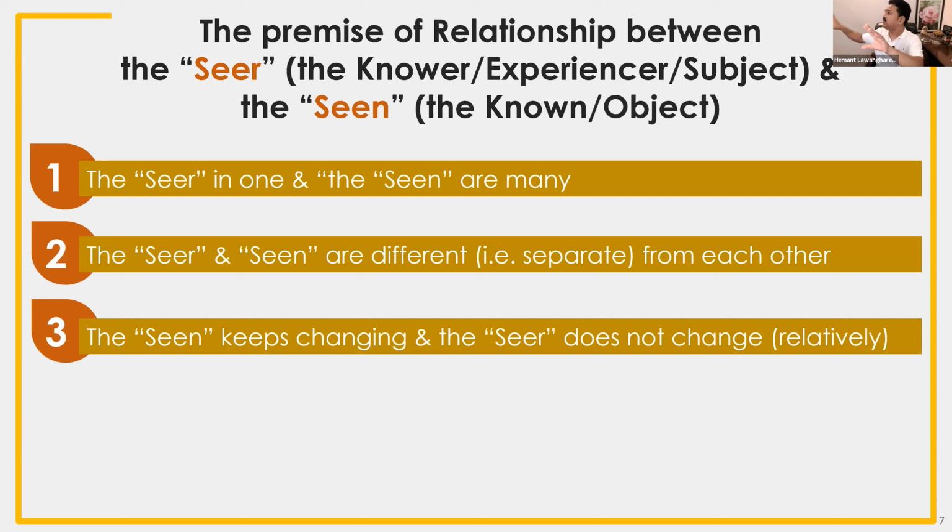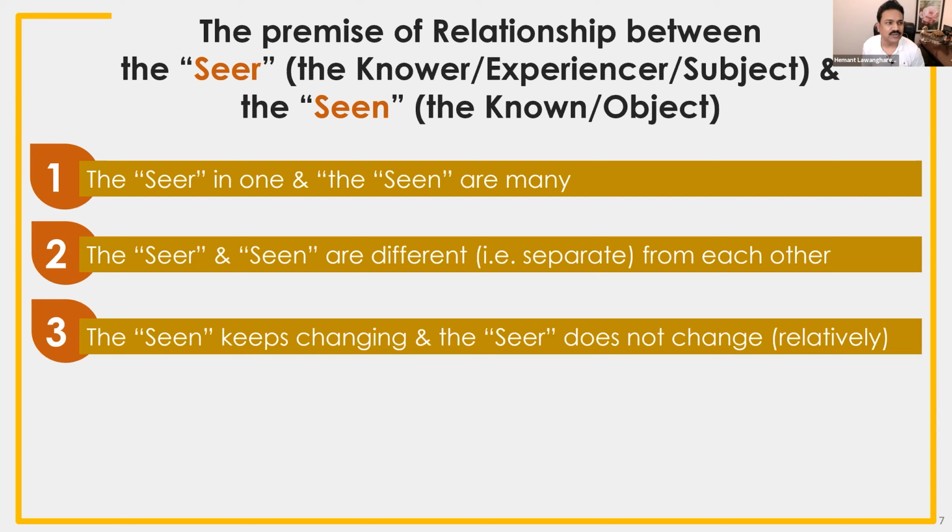The scene keeps changing, right? The position of my computer screen will change, the colors on the walls might change, the arrangement of the furniture might change, but my eyes are hopefully going to remain the same, right? So the scene keeps changing, the world keeps changing, but the seer who is seeing the world is relatively not changing.